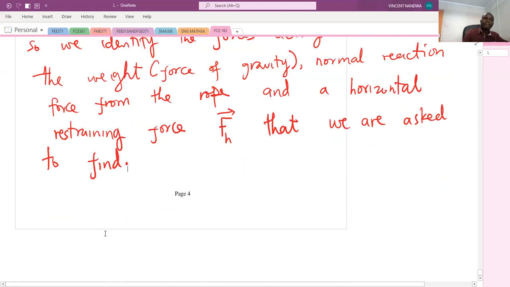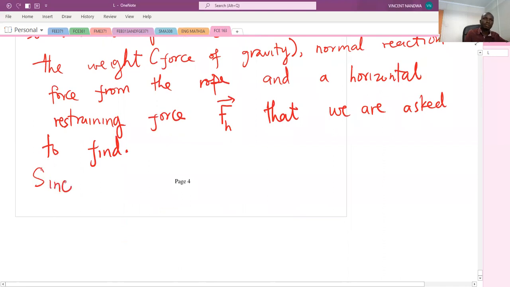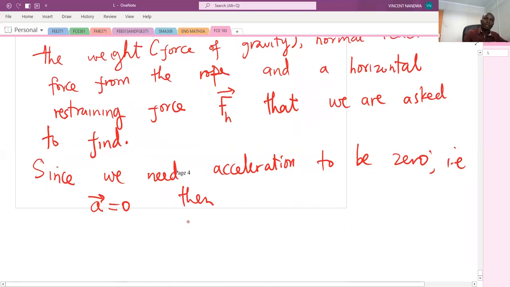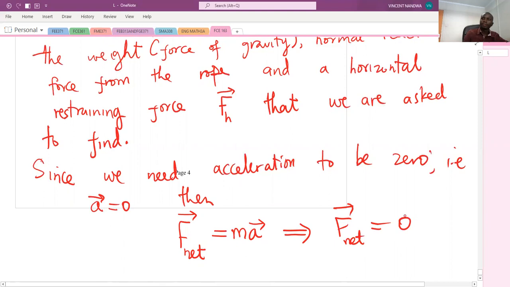So since we need the acceleration to be 0, that is a to be 0, then the net force is given by ma, implies net force must be 0.